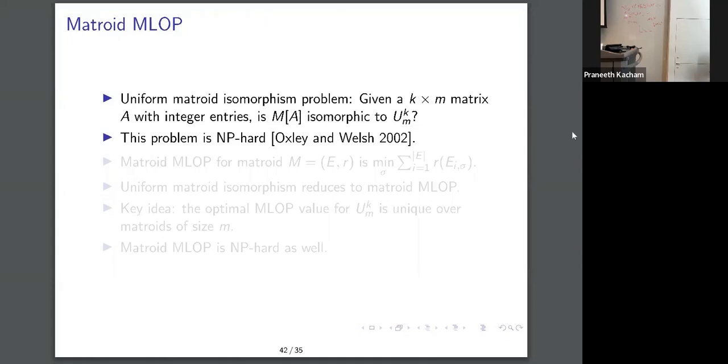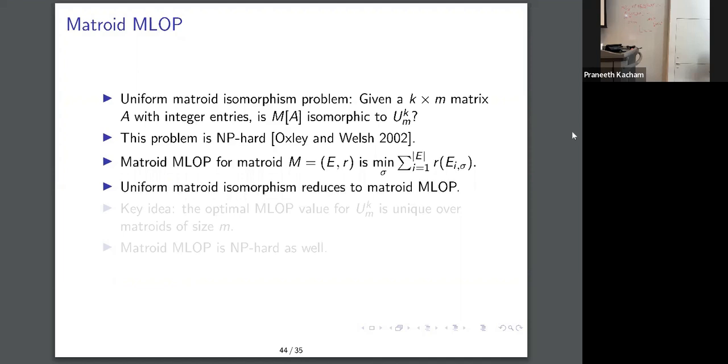So let's see why computing the MLOP for a rank function is at least as hard as the uniform matroid isomorphism.